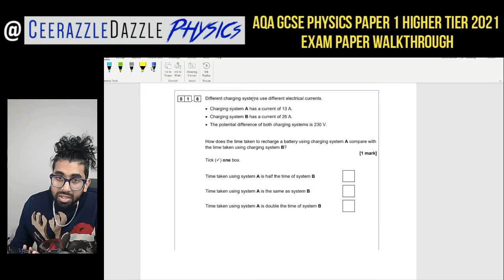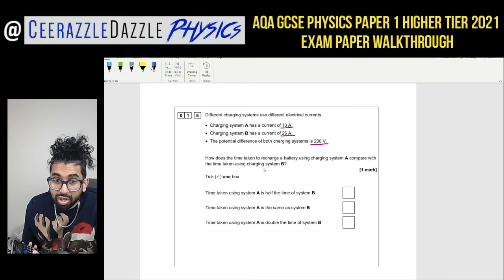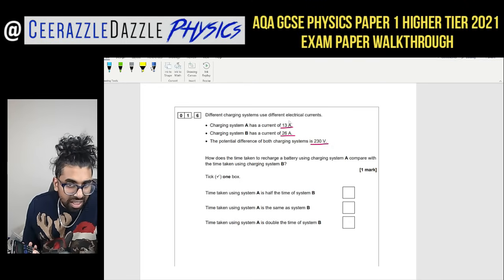Different charging systems use different electrical currents. Charging system A has a current of 13 amps. Charging system B has a current of 26 amps. So you've got two systems: one can charge at 13 amps, one at 26 amps. The potential difference of each one of them is 230 volts. How does the time taken to recharge a battery using charging system A compare with the time taken using charging system B? The key thing is the current.